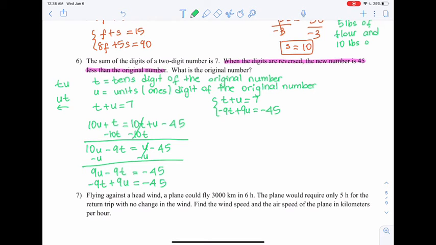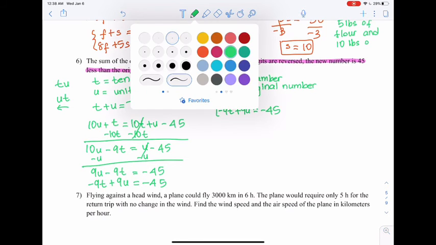Now I can use elimination here, since T has a negative and positive coefficient. For the first equation, the coefficient is 1. So if I multiply the first equation by 9, I can eliminate T. So let's change the color here.